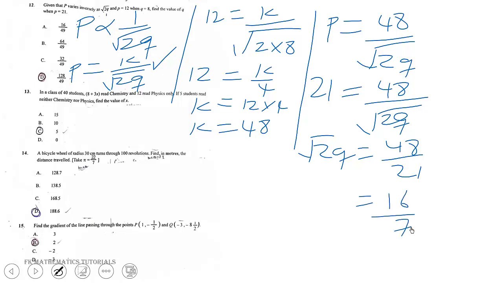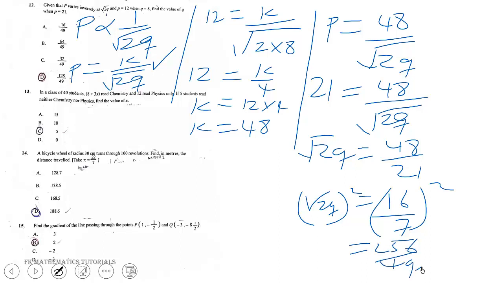So when you square both sides, we obtain 16 squared, which is 256, over 49. So 2Q is equal to that.